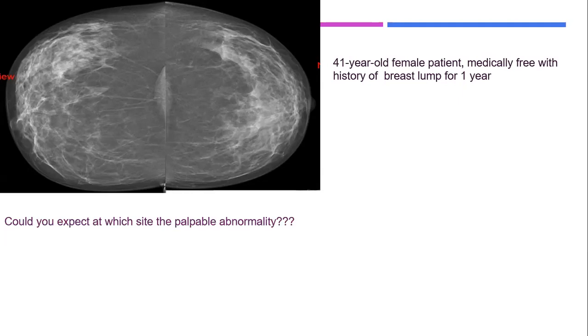But look for the texture. Look for the texture of the breast tissue. This is what I told you about. This is a complex texture that makes it difficult to evaluate breast tissue in spite of not very high density. Abundant fat.